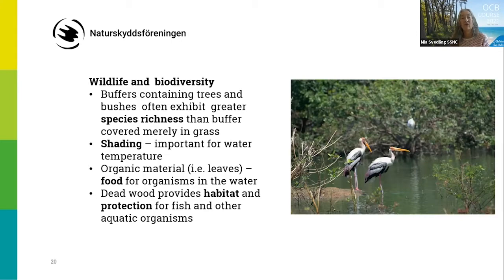You also get organic material, for instance leaves that fall into the water and serve as food for organisms in the water and for bacteria. And dead wood also provides habitat and protection for fish and other aquatic organisms. So in a stream with more dead wood, you will also find more fish species and more fish.